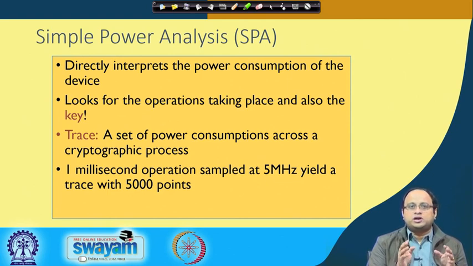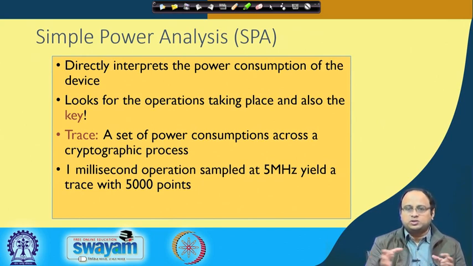Note that we are not measuring the trace of only the cryptographic operation, but rather the power consumption of the total chip, and then we try to statistically correlate that power with the underlying data. For example, suppose we have a 1 millisecond operation, and your oscilloscope is sampling at a 5 megahertz rate.